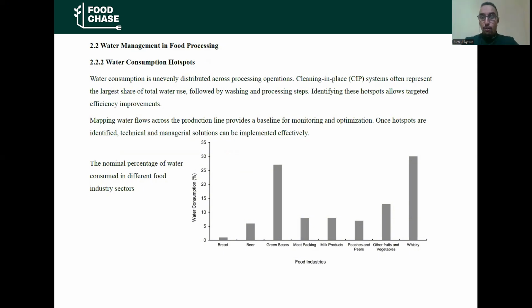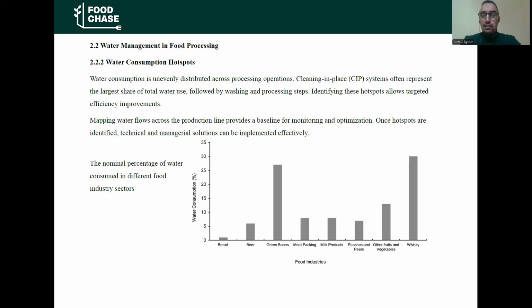Water consumption hotspots, as you can see, are unevenly distributed across processing operations. Cleaning in place systems often represent the largest share of total water use, followed by washing and processing steps.